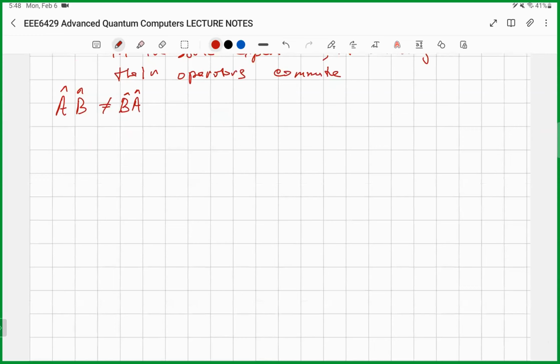For example, let's consider the x and px operators, the coordinate and momentum.